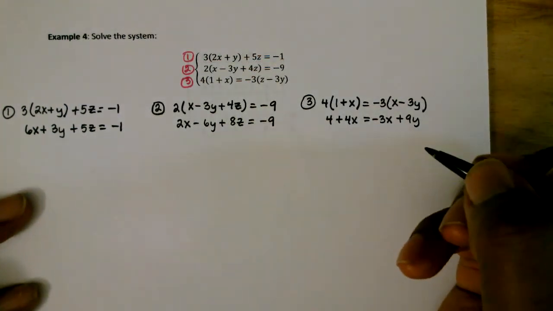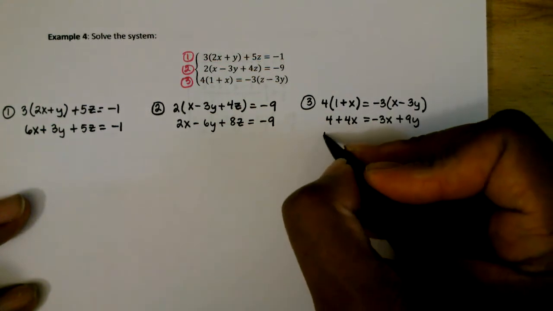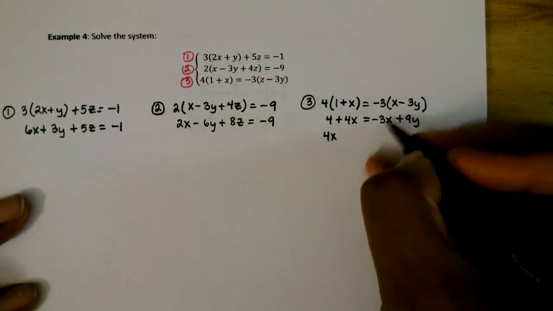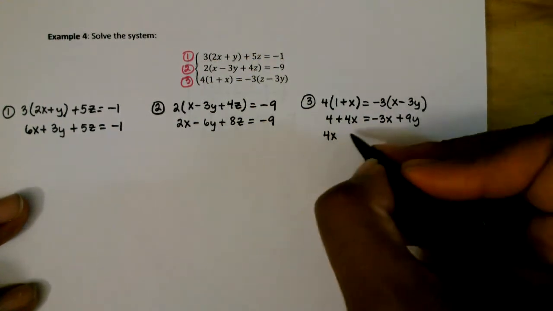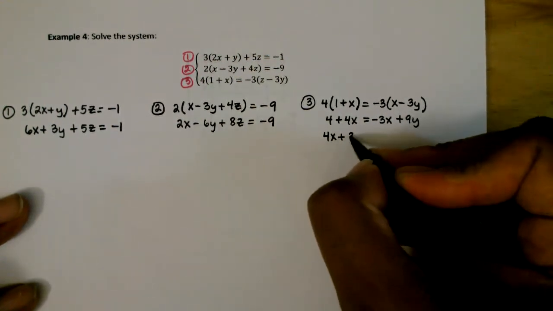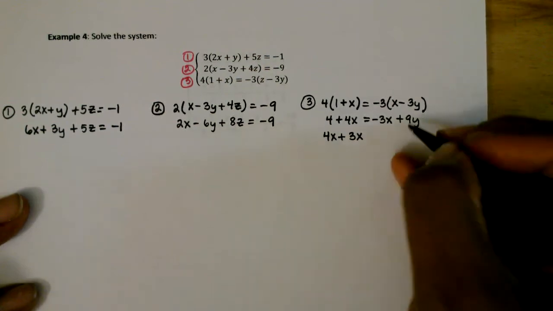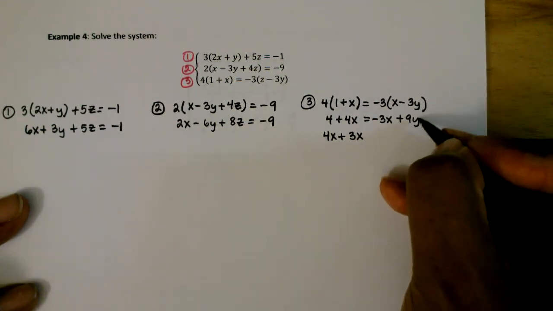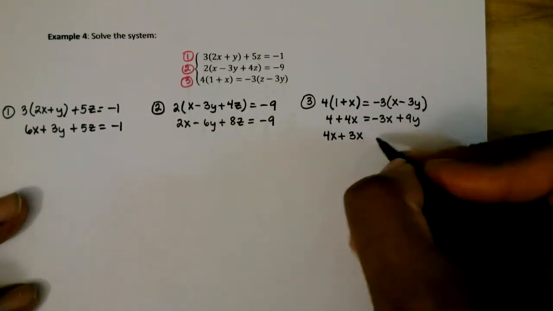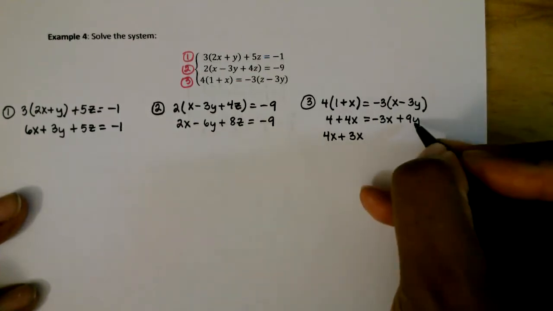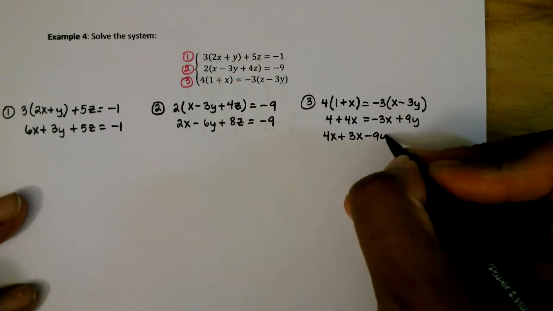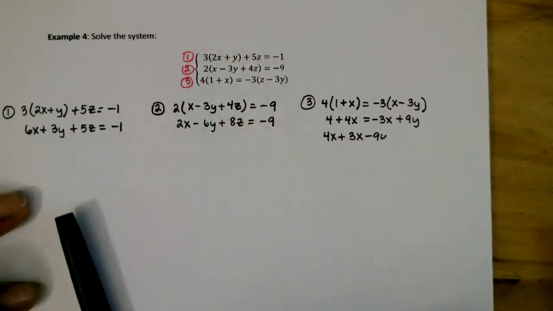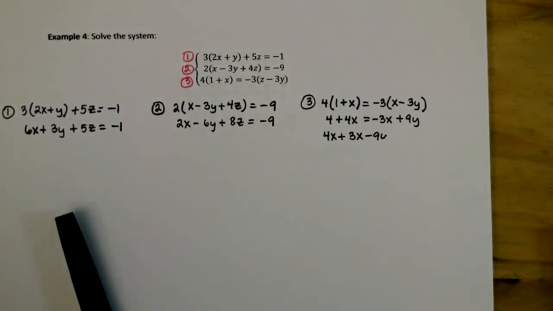Okay, here's what I'm gonna do. I'm gonna bring down that 4x. If I move the minus 3x over to the opposite side of the equation, it becomes plus 3x. If I move the plus 9y over to the opposite side, it's going to be a minus 9. I think I made a mistake here. That should not be an x.